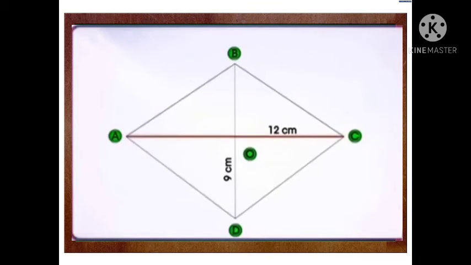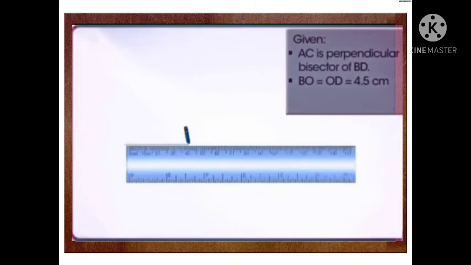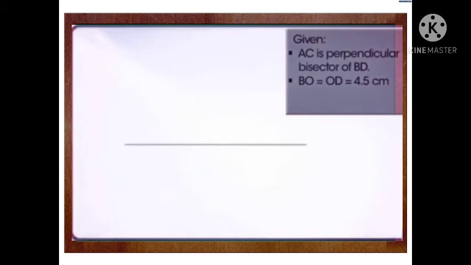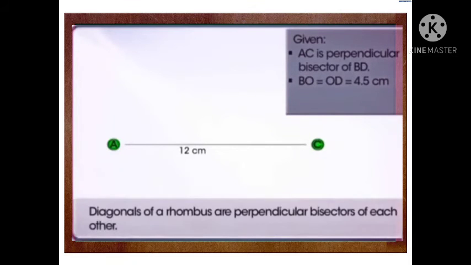Here is the rough diagram. Let us begin by drawing a diagonal AC of 12 cm. As we know, diagonals of a rhombus are perpendicular bisectors of each other.